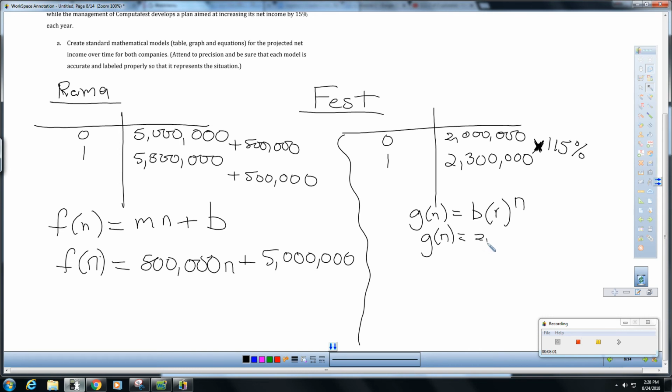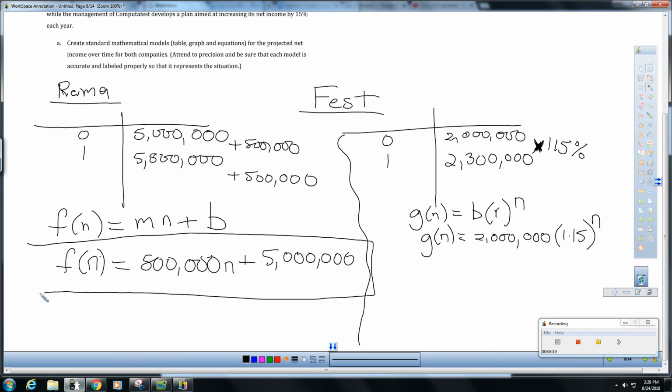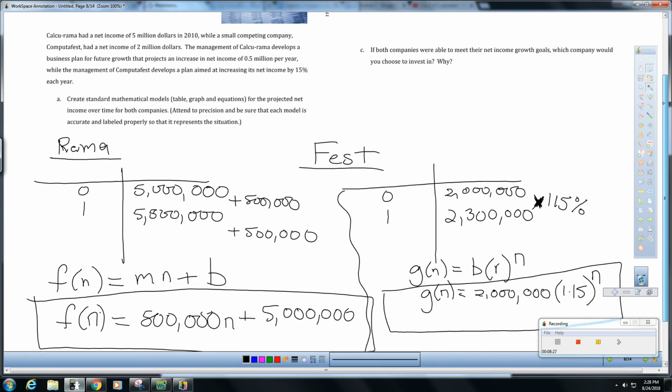We started at 2 million, times our rate is 1.15, 115% to the n power. Okay, so we're going to need to kind of remember these. This is the Rama equation or function, and that is the Fest function.